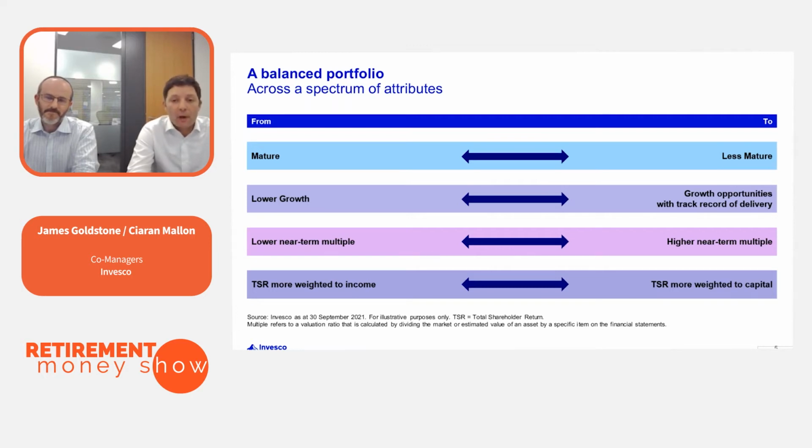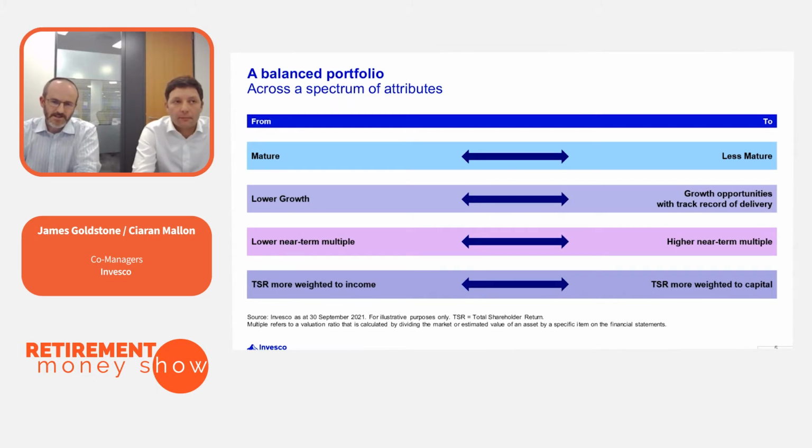But we also have holdings in companies that would appear on the right-hand side of the slide, companies like Bunzl and Kroger, which are reinvesting to deliver meaningful growth in both capital and dividends in the future. So it's a balanced portfolio of companies with different attributes, and a portfolio that can deliver both income today and capital and income growth in the future.